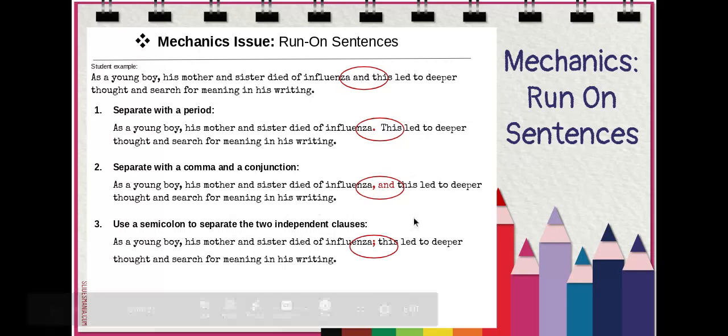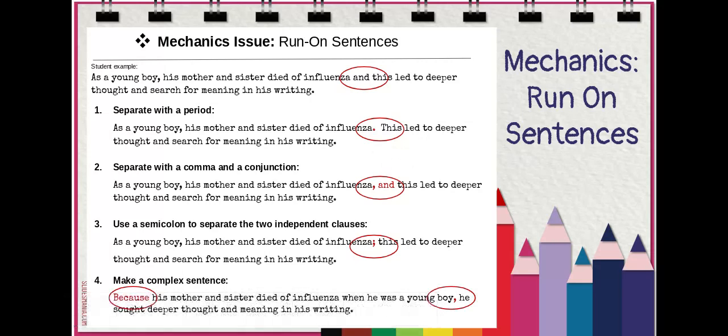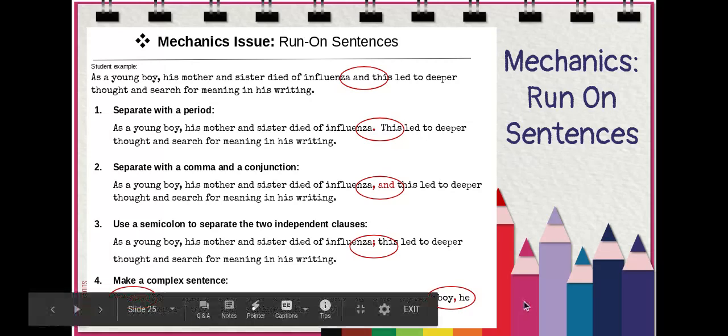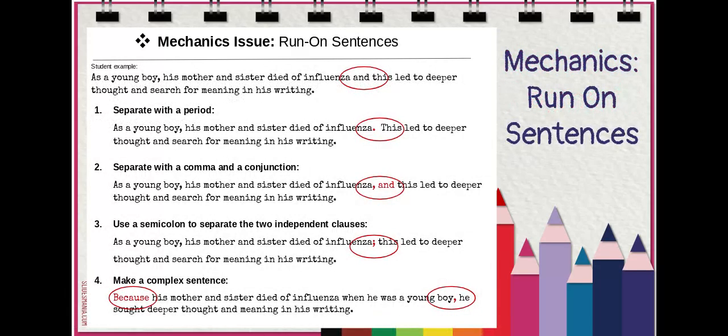We could also do a semicolon and take the conjunction away. Or we could make a complex sentence with a dependent clause at the beginning that says, well, because his mother and sister died of influenza when he was a young boy, comma, he sought deeper thought and meaning in his writing.